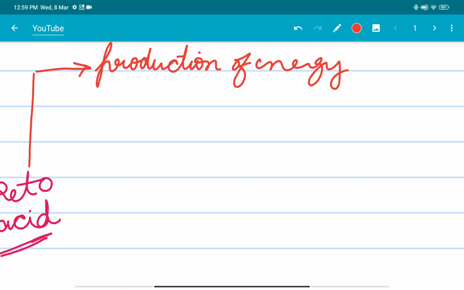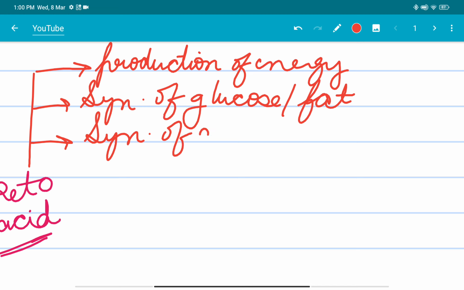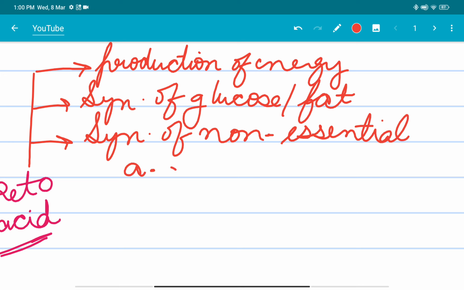Next is the synthesis of glucose or fat. It is also used for the synthesis of non-essential amino acids. Non-essential amino acids are those amino acids which are synthesized in the body.